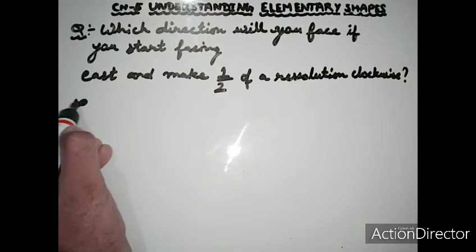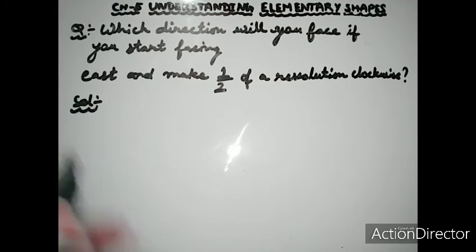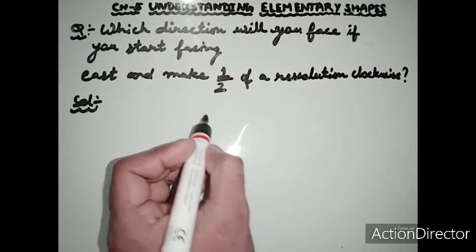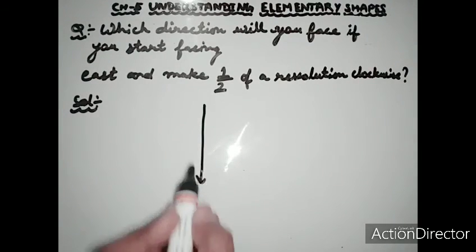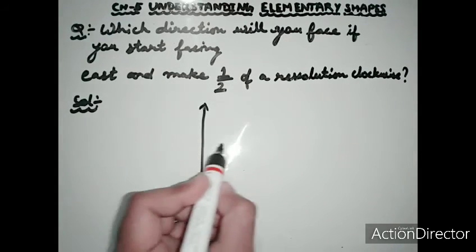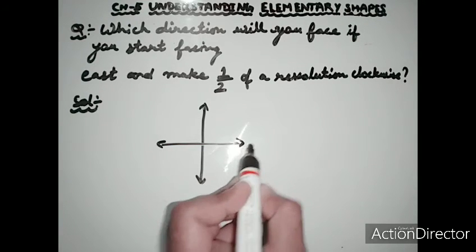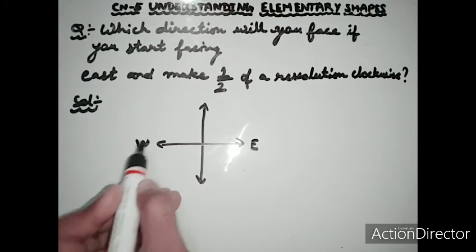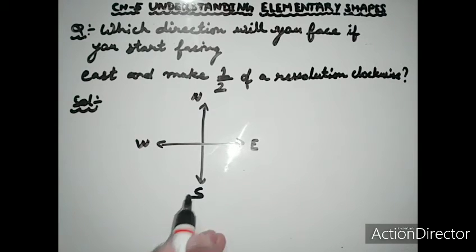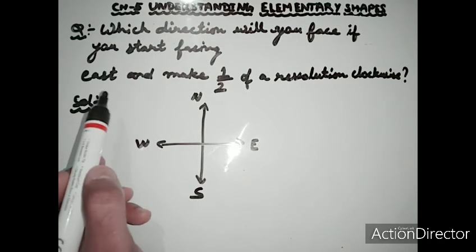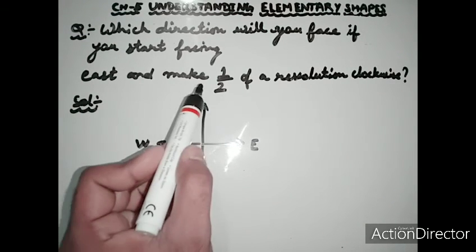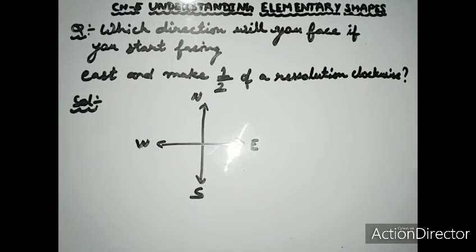So here we solve these types of questions by using directions, right? So here first we draw directions here. Okay, so here east, west, north and south, and the question is east and make half of a revolution.